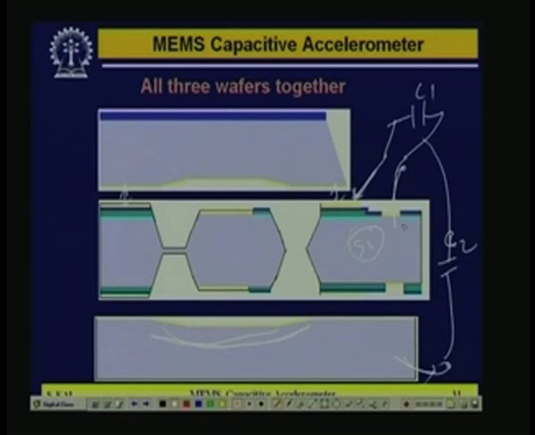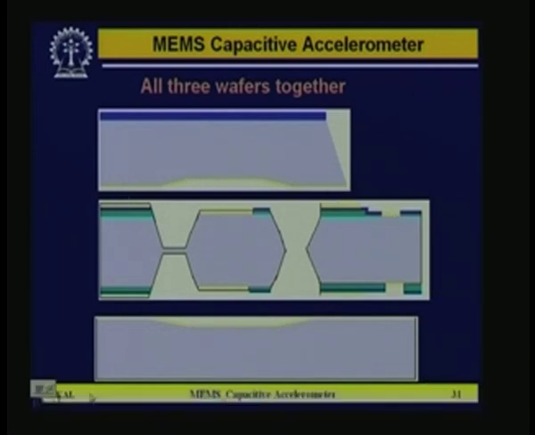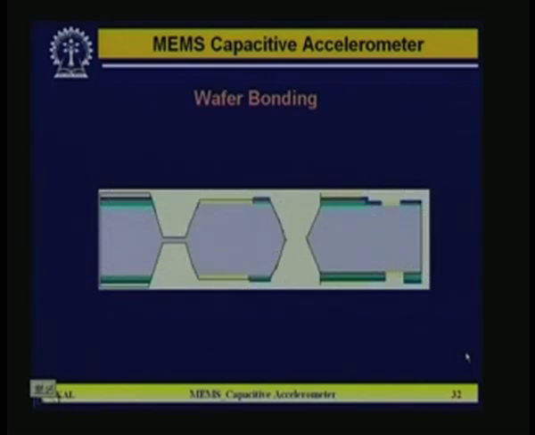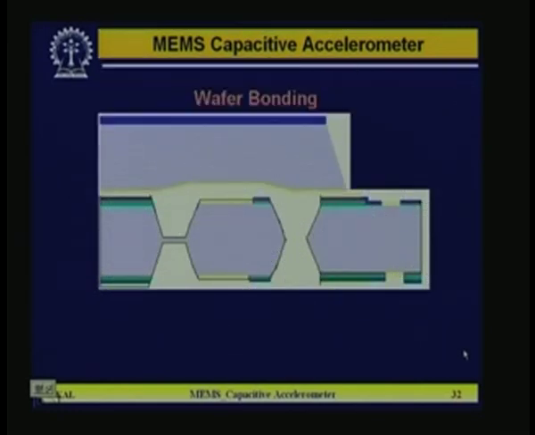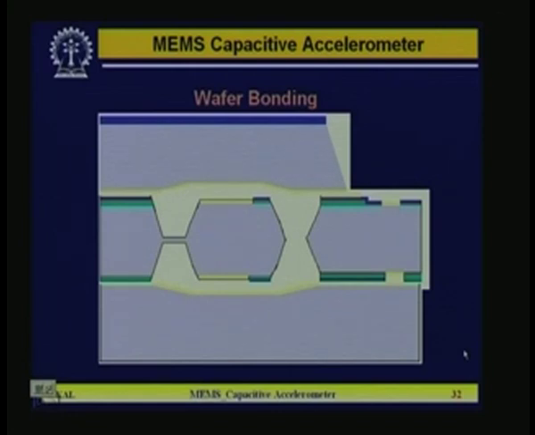In this way, after the three-wafer bonding, you get the complete structure. The wafer bonding has taken place, top and bottom, and now they are joined together, you have the three-piece structure. In this way you fabricate each piece separately.